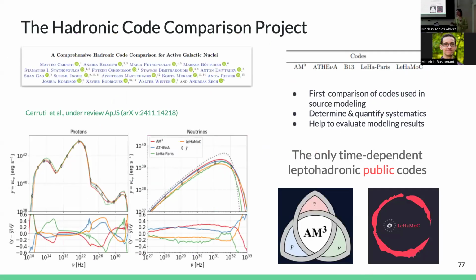So just to give you a sense of what we are doing in this community, this code and the other code AM3, which is developed by a group in DESY, are the only public codes currently on the market that can be used for multi-messenger modeling of astrophysical sources.